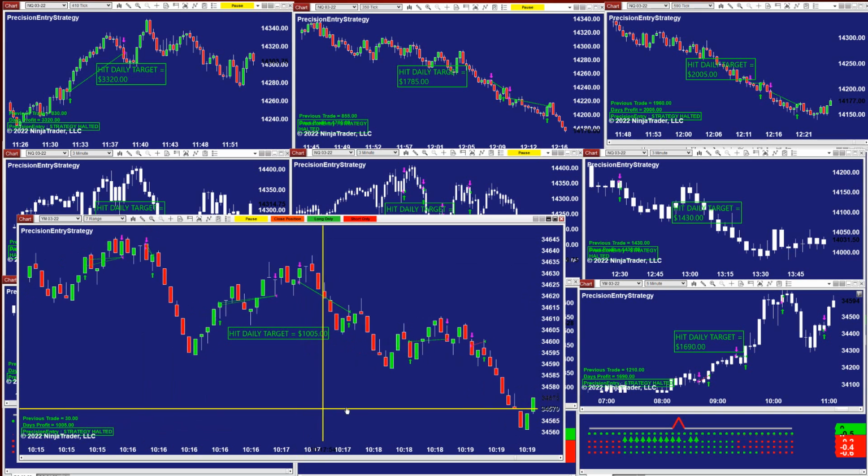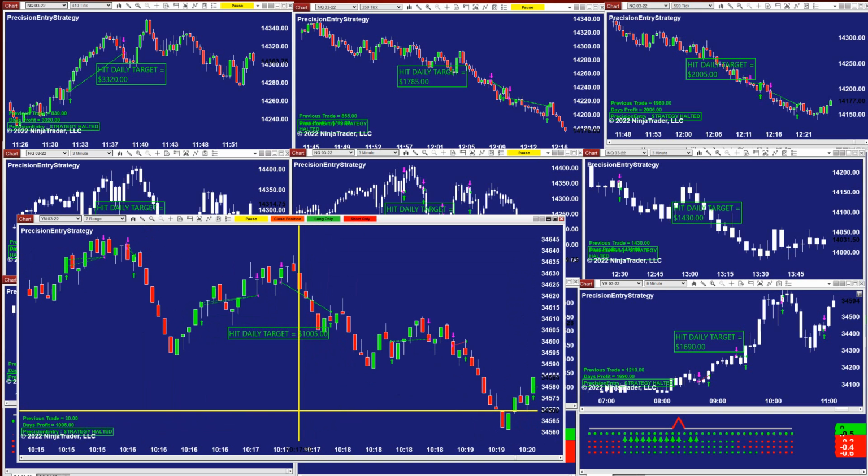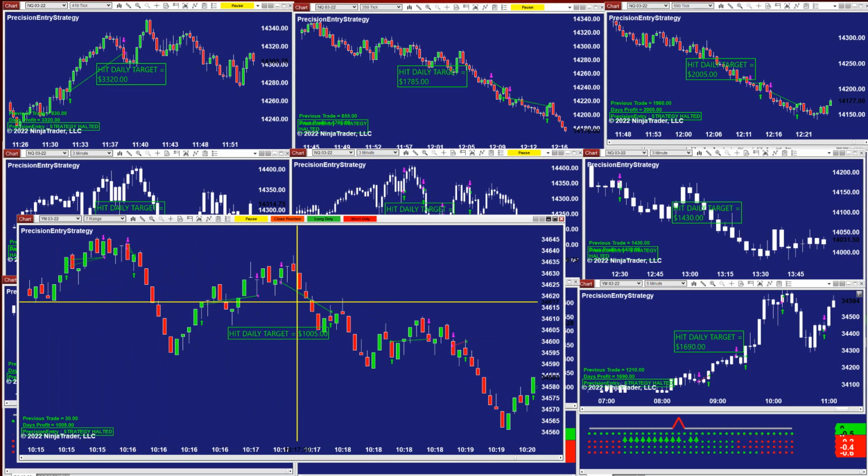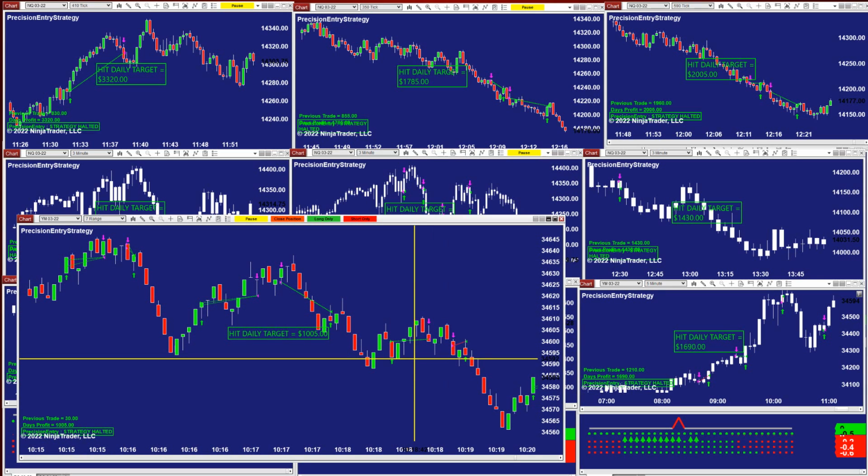But then if we look, it's not the amount, if we look at how many winning trades and how many losing trades, this is what it is: success optimization on the chart.